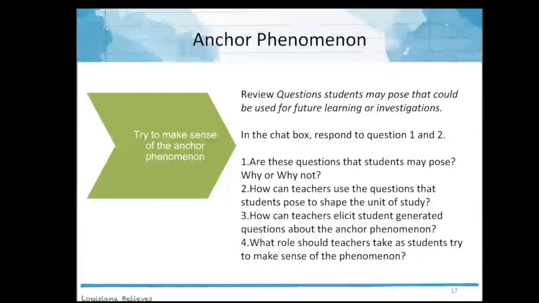And so I want to start here because I agree with you, Crystalline, in that some of these questions students may pose depending on who they are and what part of the state they are living in. So for example, the first question, what is causing the Louisiana coastline to disappear? I think that several students may pose that question. But depending on what portion of the state that students live in, they may not pose question 4.